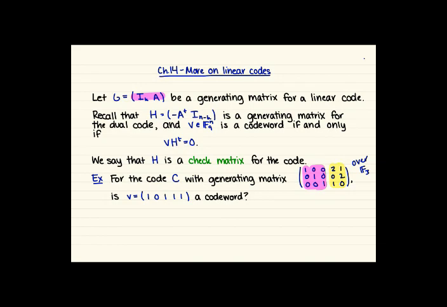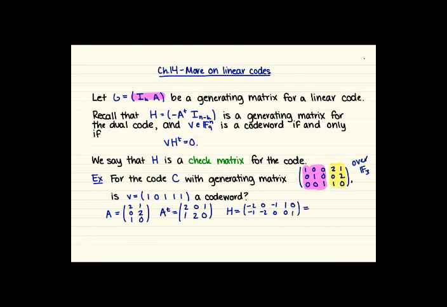So A is 2, 0, 1, 1, 2, 0, and A transpose, flipping rows and columns, is 2, 1, 2, 0, 1, 0. Then H equals minus that, followed by the 2 by 2 identity matrix.